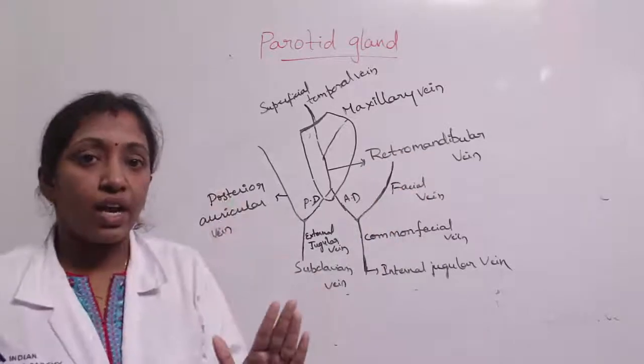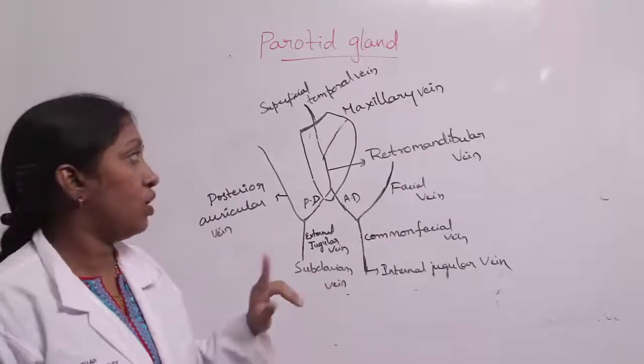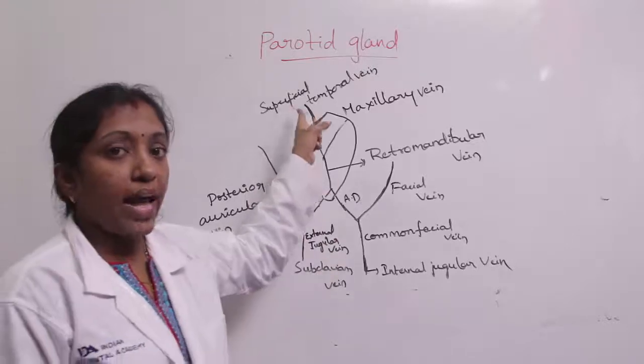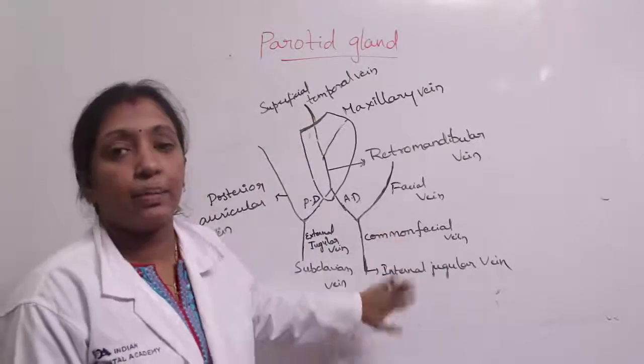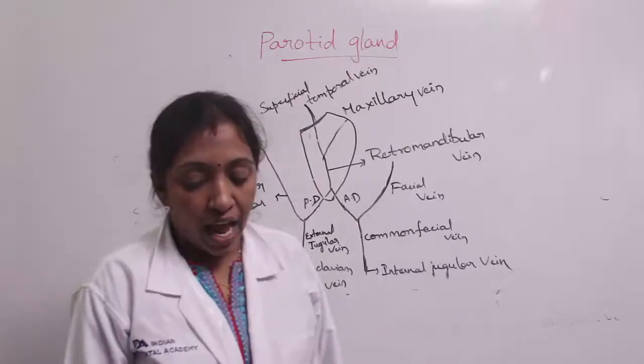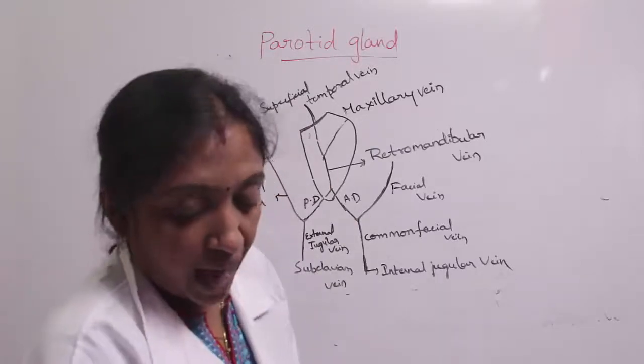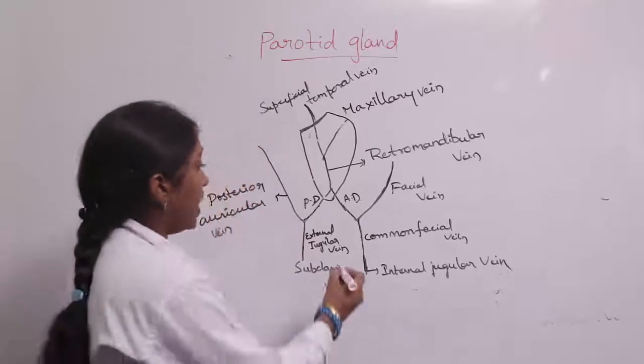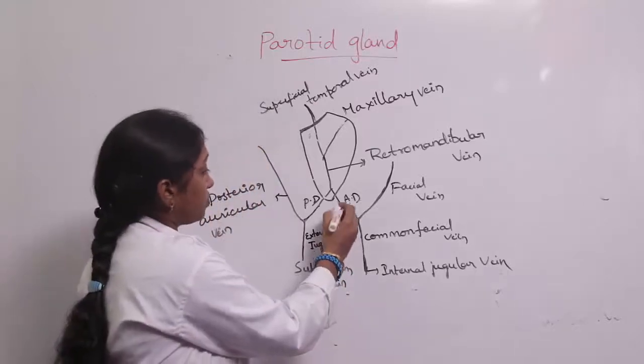So first is the facial nerve, then NVA. N is over, that is the facial nerve, and this is the retromandibular vein, and the final one is the artery, the external carotid artery.